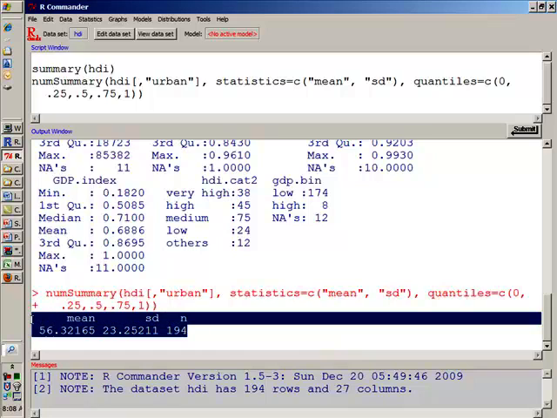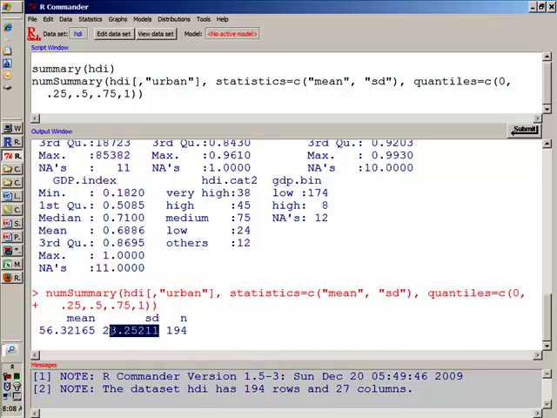We have 194 observations in our data set, and the average percentage for urban is 56.3. That is, on average 56.3% of the population in our 194 countries are urban, and the standard deviation for those 194 countries is 23.2. The standard deviation and the mean are both in the same units.